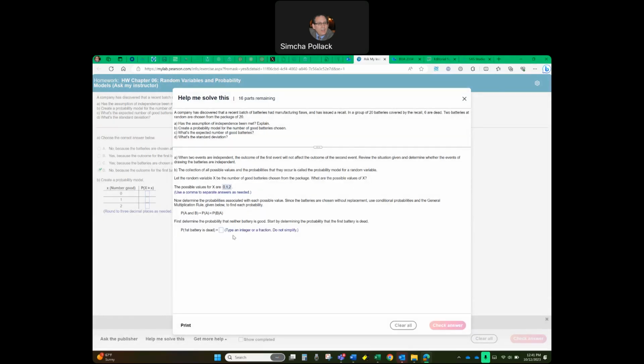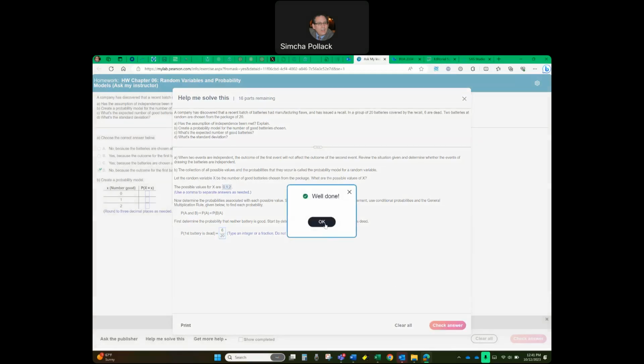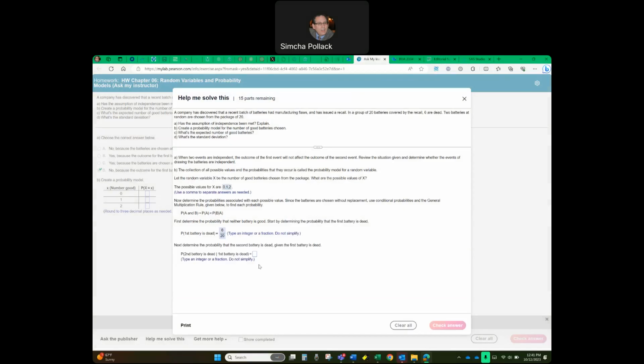Continue. The chance the first battery is dead is going to be, as I just said, 6 out of 20. The chance that the second battery is dead, given, again, that vertical line is read as given or assuming, or we know for a fact the first battery was dead, that's going to be 5 out of the 19 batteries left.